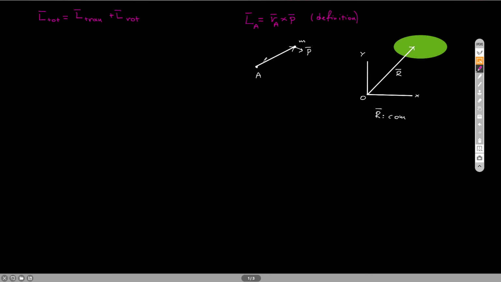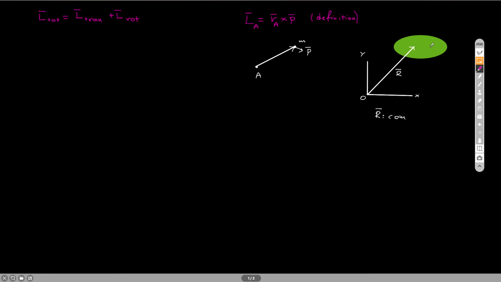Now, you may think, so what do I do if I have a 3D, a solid object? Remember, we have done this process in the past. Anytime you have a solid object, you can always break it into a large number of infinitely small pieces that you can model as a point particle.